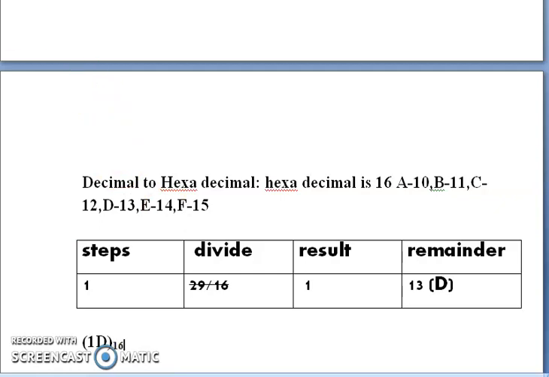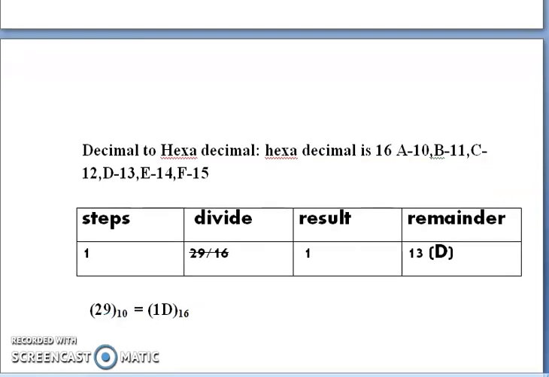So 29 base 10 is equal to 1D in base 16. So it is called decimal to any other number system conversion.